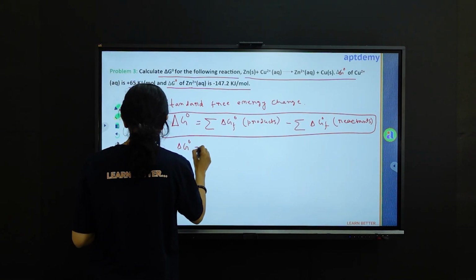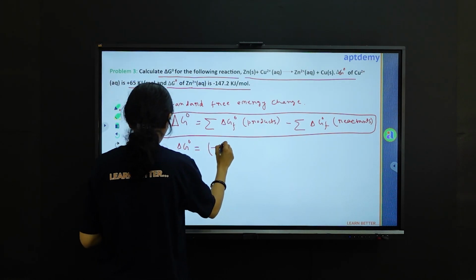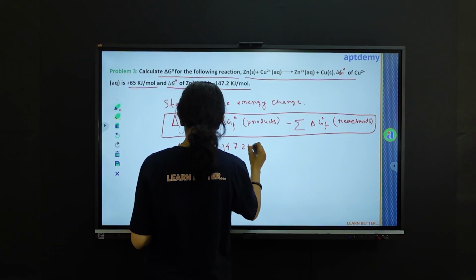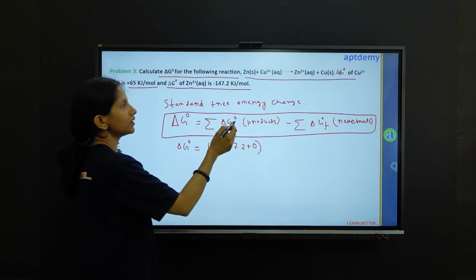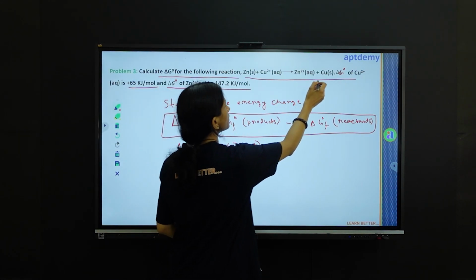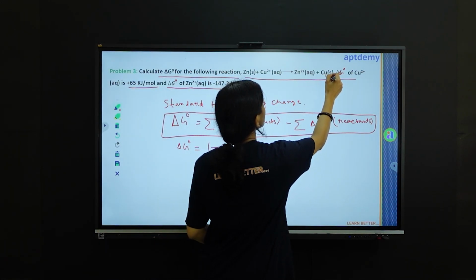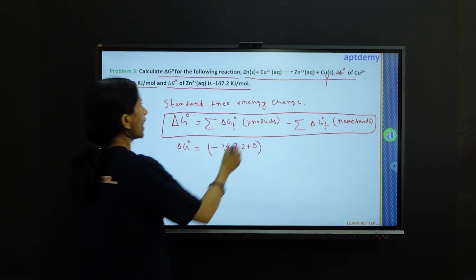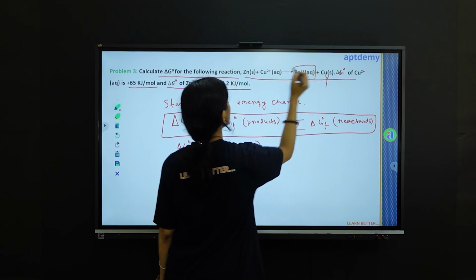So ΔG° can be written as minus 147.2 plus 0. If you check the product part here, it is in solid form, so ΔG° must be 0 for this one, and this value is given.